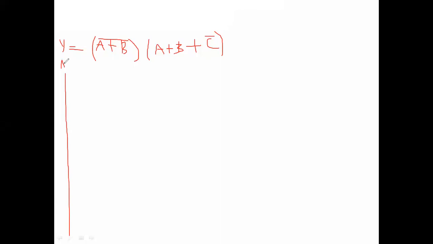So this is a. Whenever we connect a NOT gate to this A, actually this is not necessary, A bar, because in the expression A bar is not there. That's why this is optional.